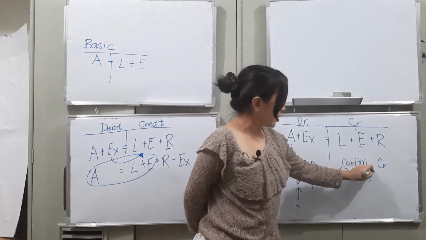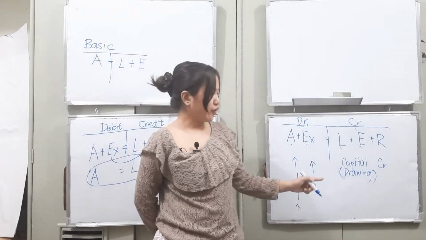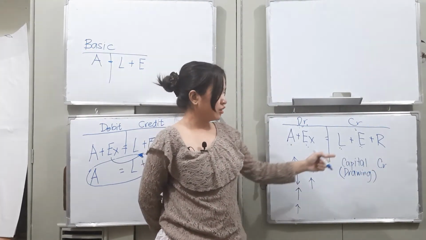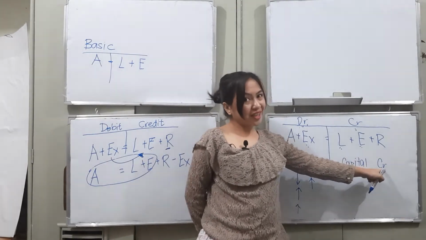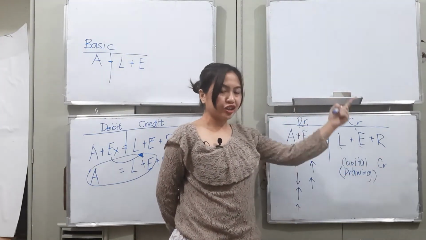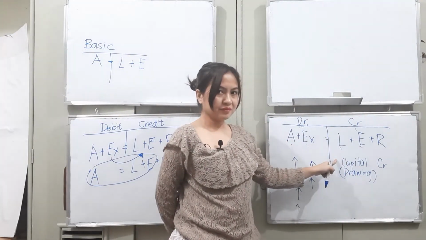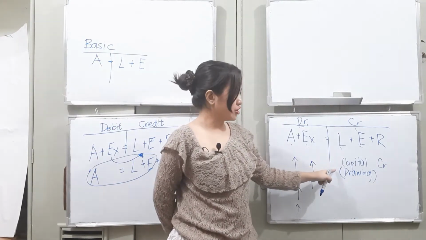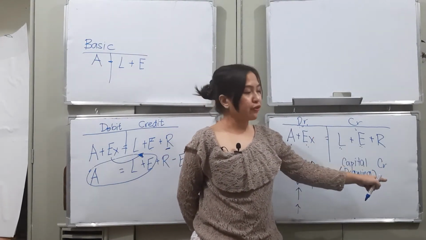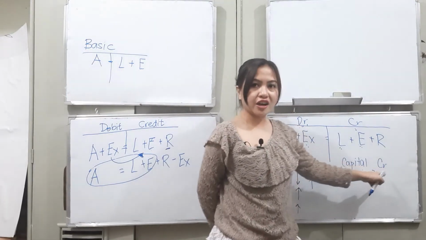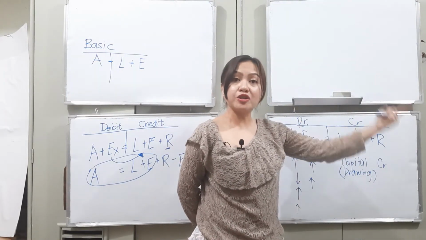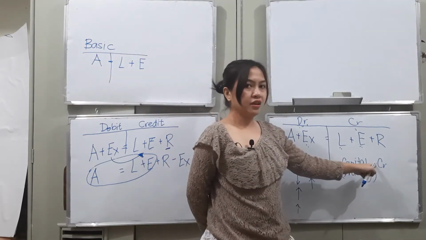So, it is subtracted from capital. So, if that is a reduction, the normal balance of its related account, its partner account, is capital. So, the normal balance of the related account is credit.